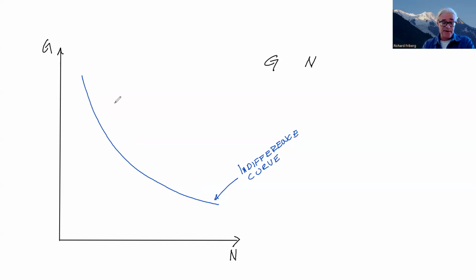And how you're willing to trade off this depends on where you are. So this is like a standard utility function, or indifference curve, that we've had before in the course.